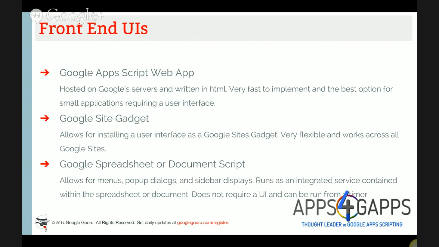One of them is that AppScript has a built-in what's called web app service, or called HTML service traditionally inside the code itself, but we call it a web app, and it uses HTML and JavaScript and CSS to produce a web UI. It's hosted inside Google AppScript, so it has a Google URL. When you set up the script, you'll see a couple of those later. I'll give you some examples.